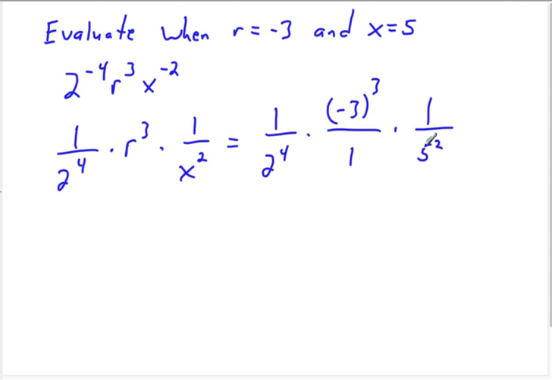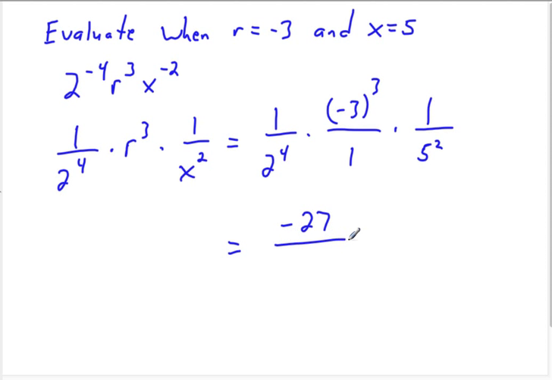Keep in mind the negativity of the base has nothing to do with whether it's on top or bottom. Only the negativity of the exponent does. So even though the base here is negative, it still stays on the top. Okay, so now we're here. So the top is just going to be -3 times -3 times -3, which is -27.